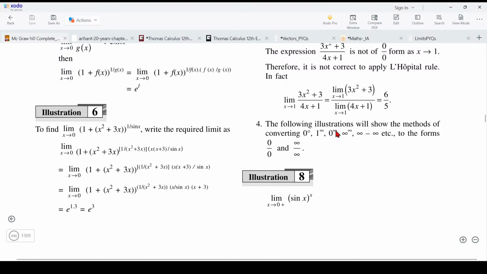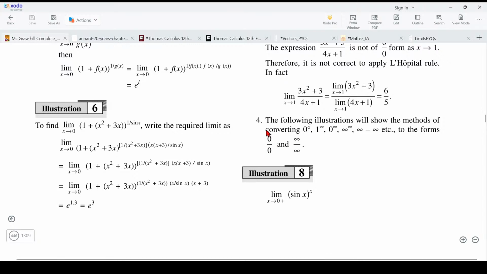Anything power infinity is infinity, generally. For example, 2 power infinity is actually infinity. But 0 power anything is actually equal to 0. So that's why this is an indeterminate form.